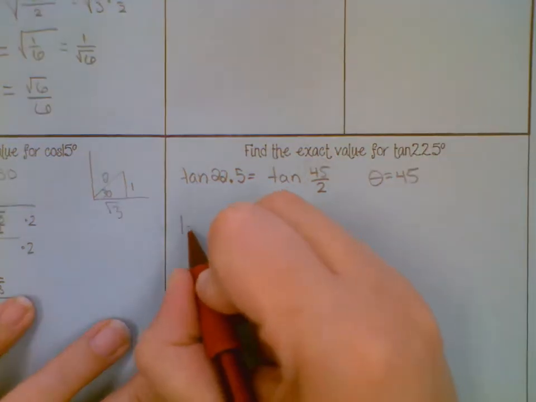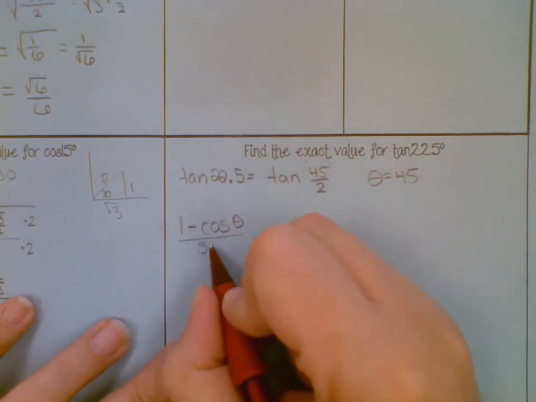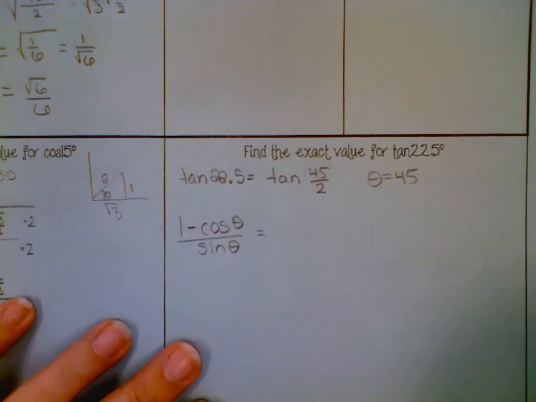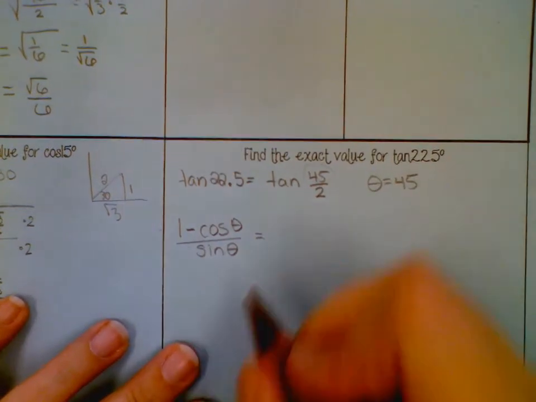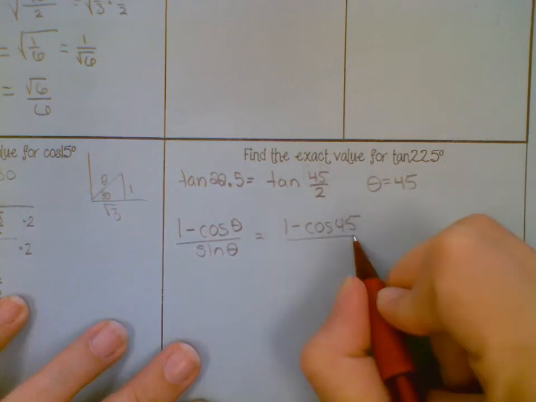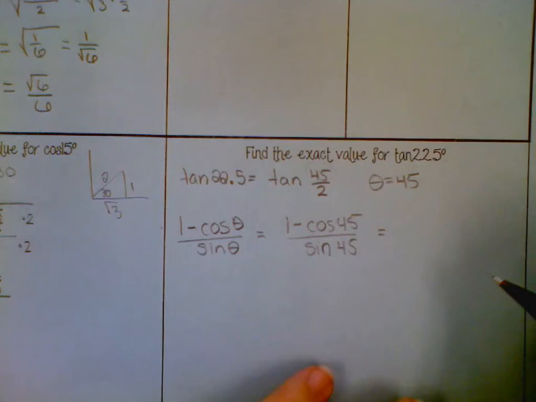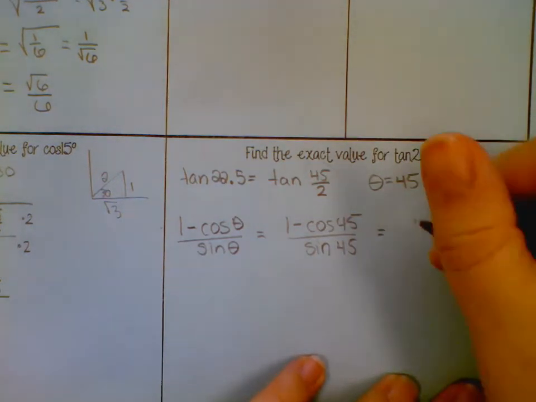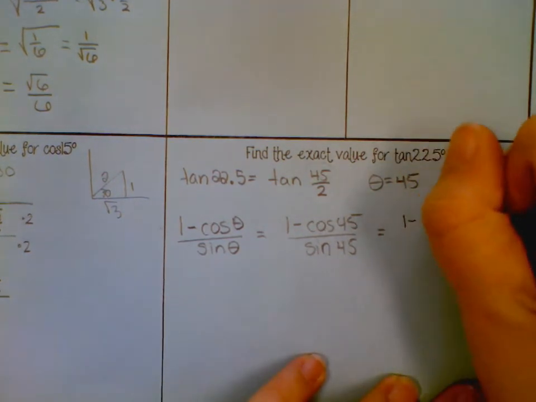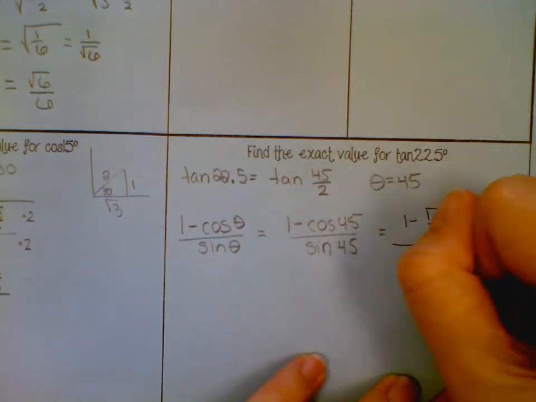So I used 1 minus the cosine over the sine of theta. So remember our theta is 45, so we'll plug that in. So 1 minus the cosine of 45 over the sine of 45. So remember, cosine and sine of 45 are both root 2 over 2. So we have 1 minus root 2 over 2 over root 2 over 2.